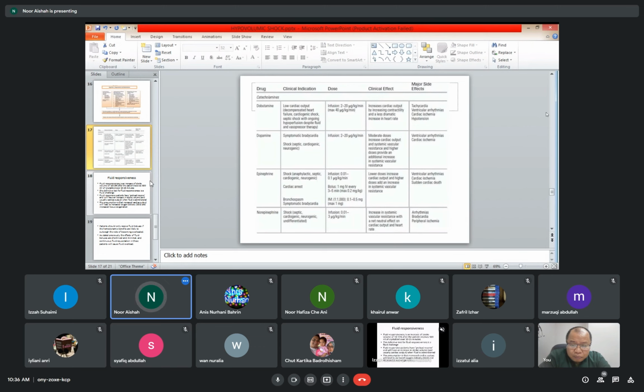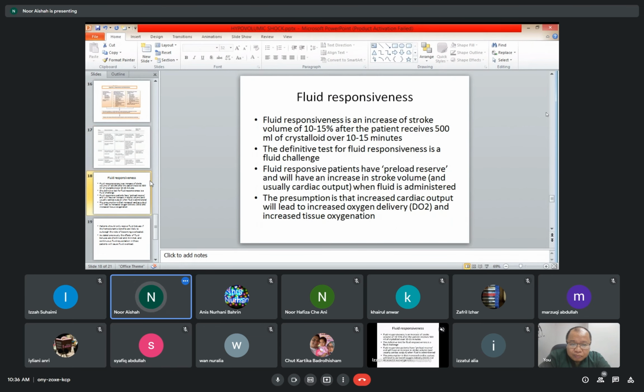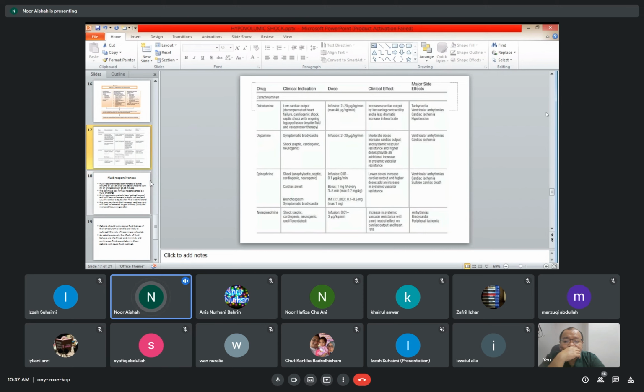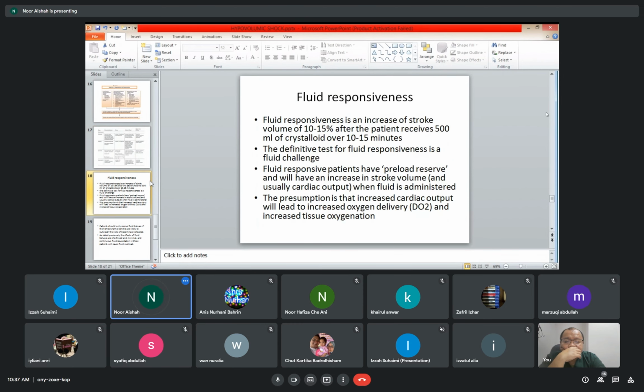The next one is fluid responsiveness. This is defined by there is increase of stroke volume. The patient receives 500 ml crystalloid over 10 to 15 minutes, as we can see in our first second algorithm tadi lah.